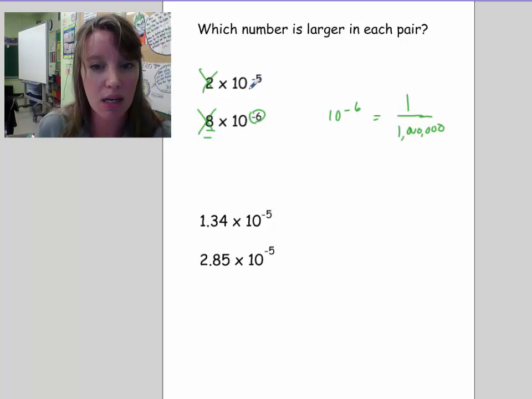And that's going to be smaller than 1/100,000th. So here, 8 times a small fraction is going to be smaller than 2 times a fraction that's not as small.